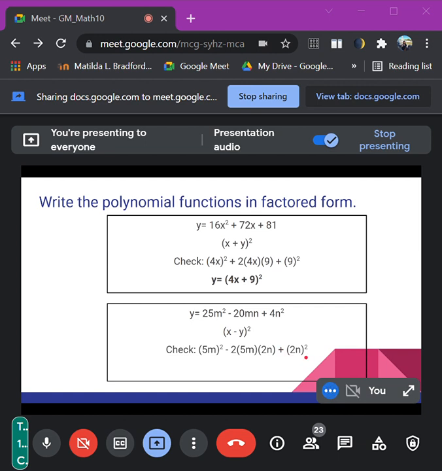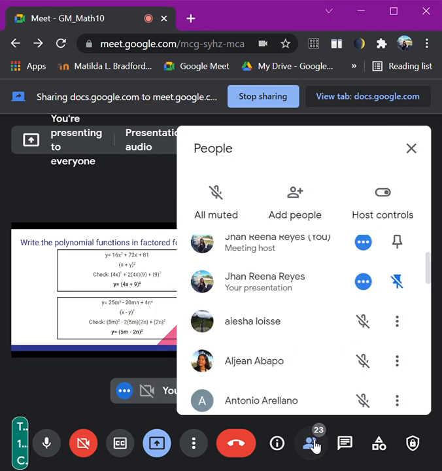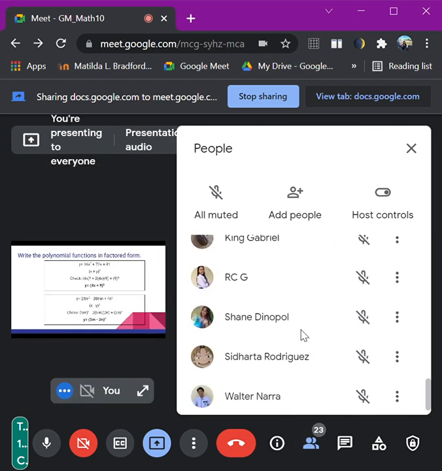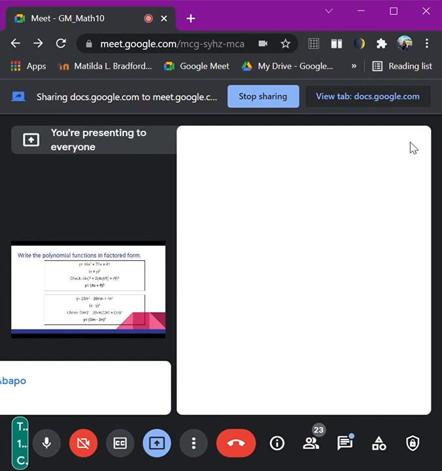So we will have this as our answer. x is the square root of 25m squared, that is 5m. The square root of 4n squared is 2n. So that is 5m minus 2n squared. Questions? None?